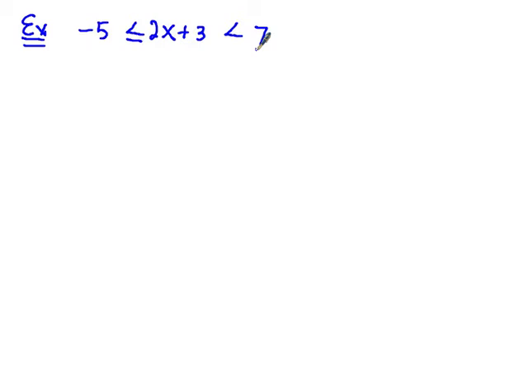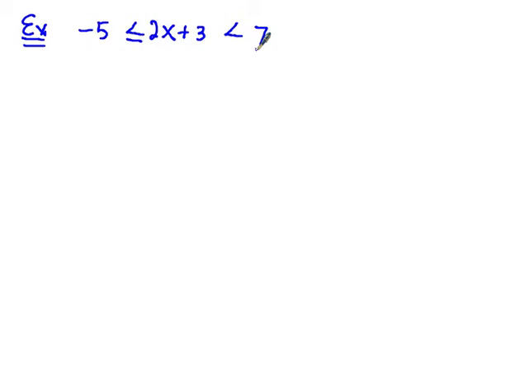If I covered up everything to the left of 2x, and I just had 2x plus 3 less than 7, the way I would solve this would be to subtract 3 from both sides and divide both sides by 2. And that's exactly what you're going to do, but remember the golden rule: what you do to one thing, you have to do to each and everything.